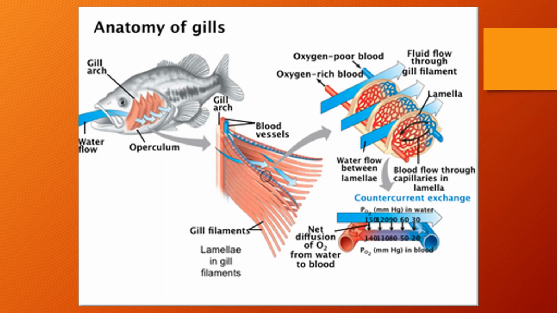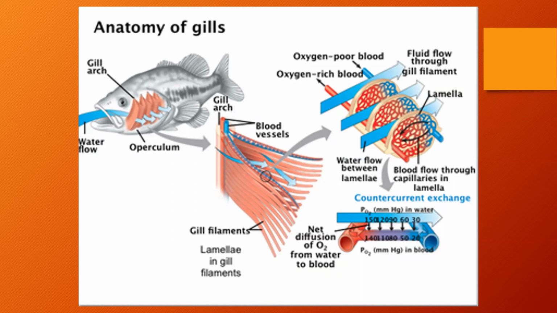They take in water through their mouth and force it through the gills, which are covered by an opening called the operculum. Gills have small slits or gill filaments that are richly supplied with blood vessels.